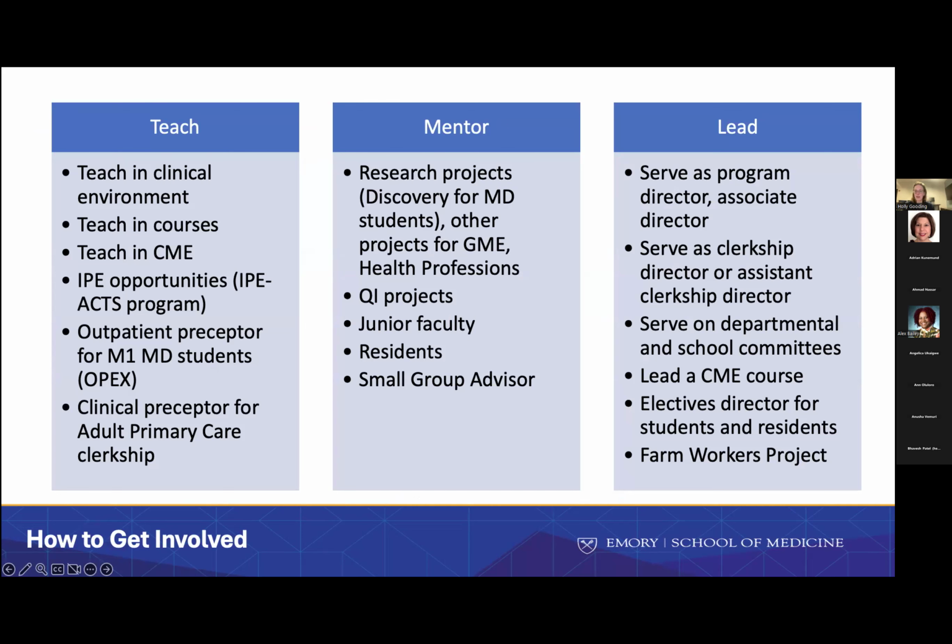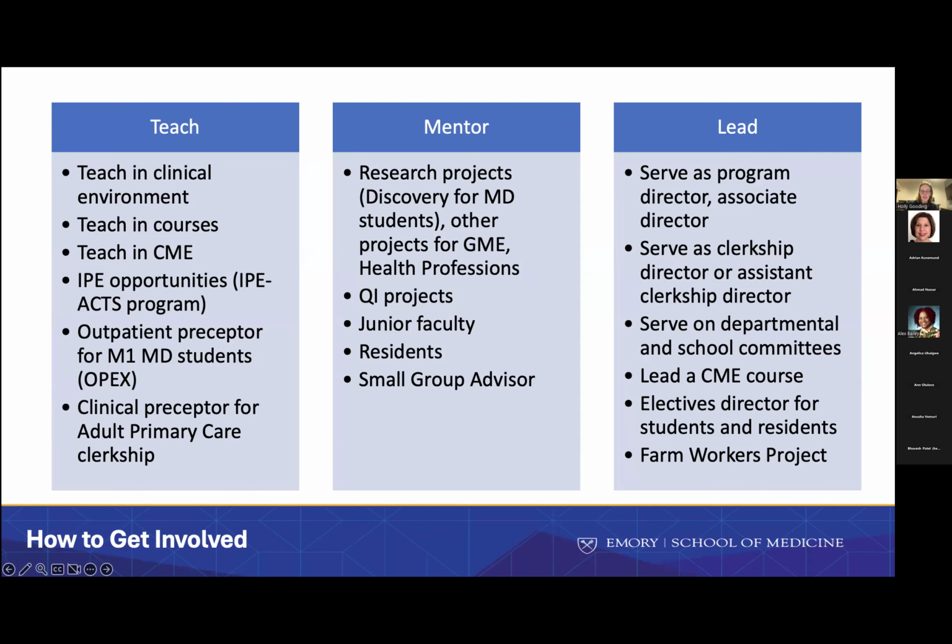In particular, our MD students have a research requirement, and so we're always looking for more physician scientists who are interested in mentoring in that program. Quality improvement projects, mentoring other junior faculty, residents, and then serving as a small group advisor, which is a role within the MD program where students are paired with a small group advisor in a group of about 8 students throughout their entire time with us.